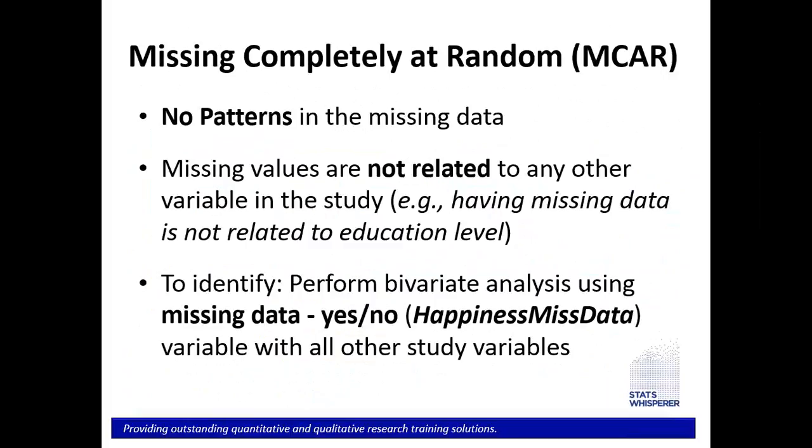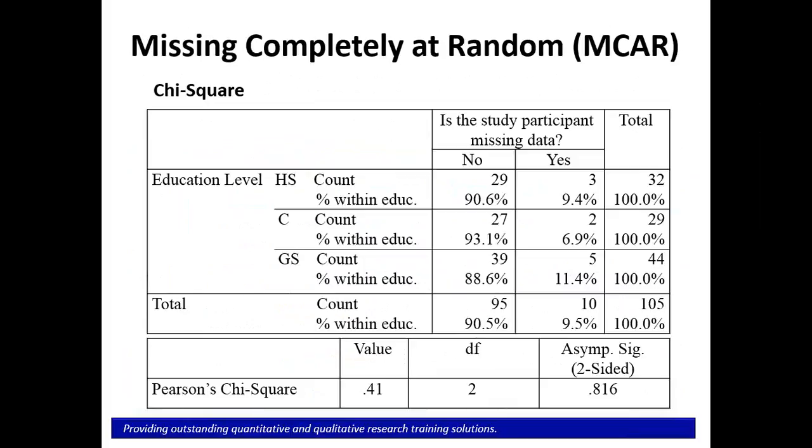For example, we might do a chi-square where you can see the top center columns is the study participant missing data, yes, no, and the columns down the side have education level, high school, college, and graduate school. What that's going to tell us is if there's any difference in who does and doesn't have missing data by these different categories of education.